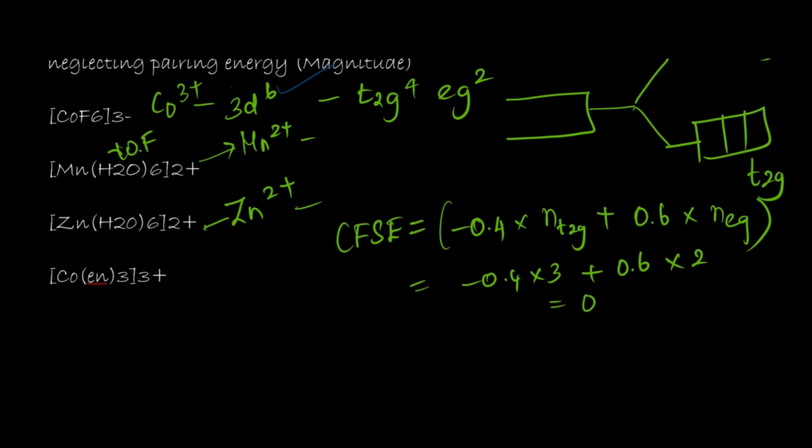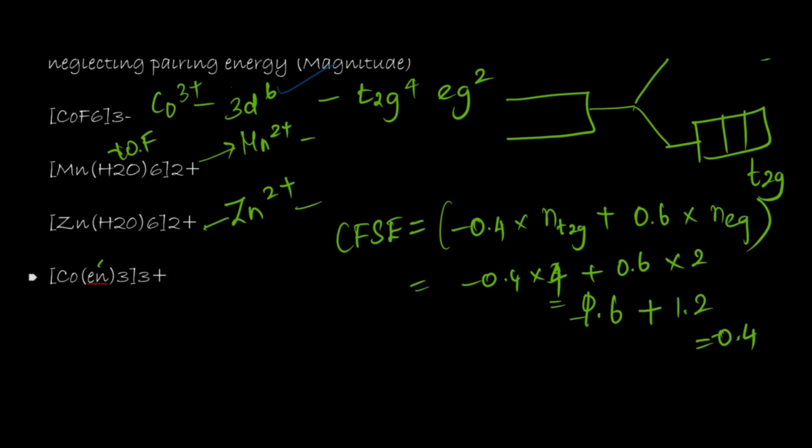Upon substituting that, what will you get? -1.6 plus 1.2, which will become -0.4. So how many pairings are there? Only one pair. Okay, so they are asking for the highest CFSE.